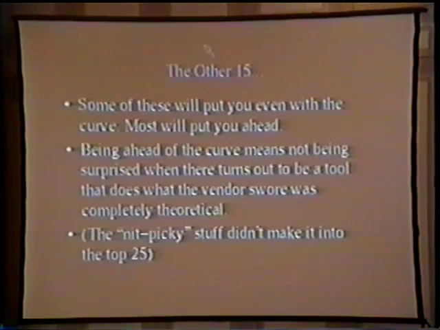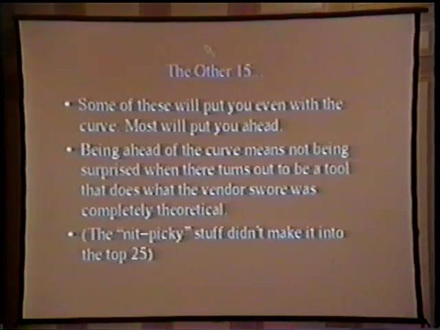As I say, some of these will put you even with the curve, and most will put you ahead of the curve. Vendors will sometimes say things that are well-meaning generalizations on the security of their products. When I say ahead of the curve, I mean that you're not going to be surprised when there turns out to be a tool that does something that the vendor swears was completely theoretical.